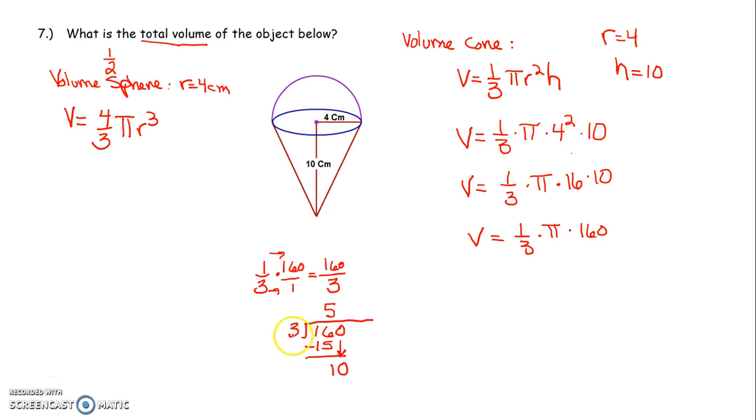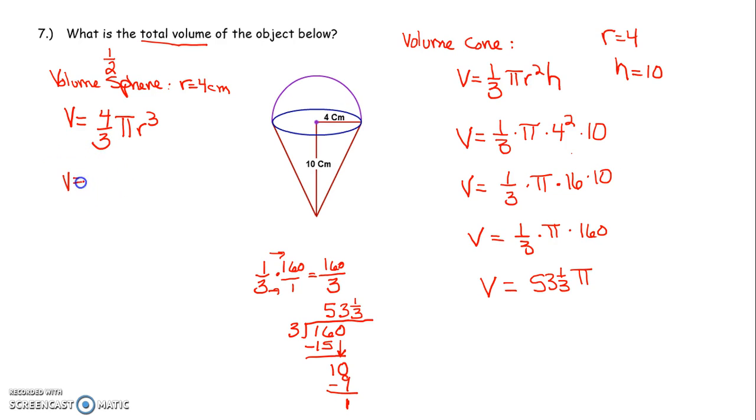Drag down a 0. 3 goes into 10 3 times. 3 times 3 is 9. Subtract off. We got a remainder of 1. So this is 53 1/3, remainder of 1/3. So this volume is actually 53 1/3 pi. Super. Let's figure out this volume, and then at the end, we'll add them up together.